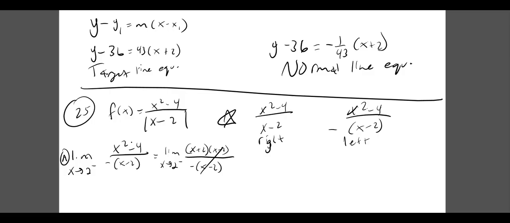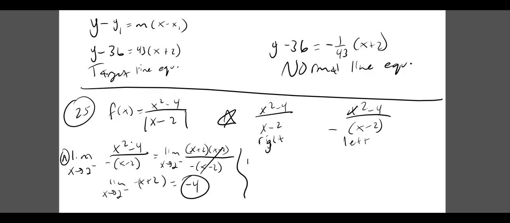And that'll cancel, and I'm left with the limit as x goes to 2 from the left of x plus 2 all over negative, or it'll just be -1. So when you plug in 2 now, you get 2 plus 2 is 4, but you get -4. So that's our limit from the left.